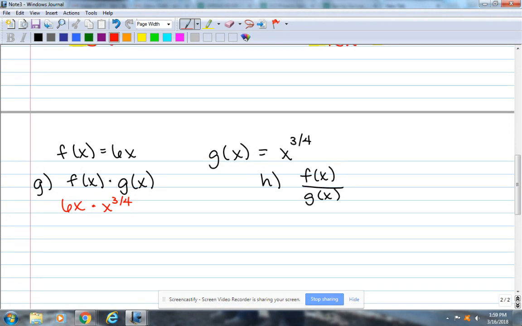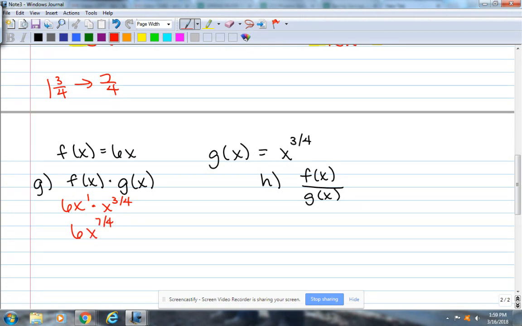So I'm going to be adding 1 plus 3/4. What's 1 plus 3/4? Yes, it's 1 3/4. We make it improper. 1 times 4 is 4 plus 3 is 7. 7/4. So the answer is 6x to the 7/4.